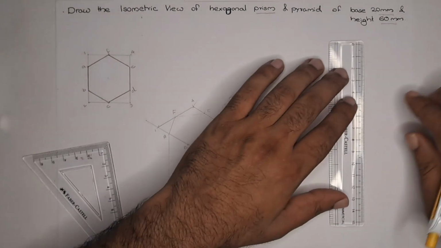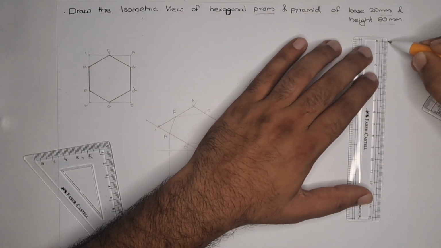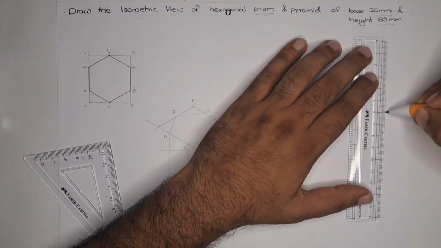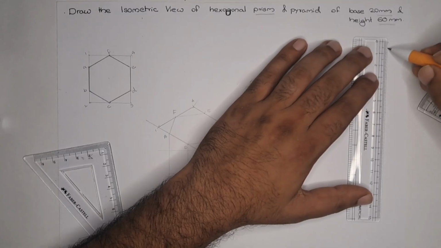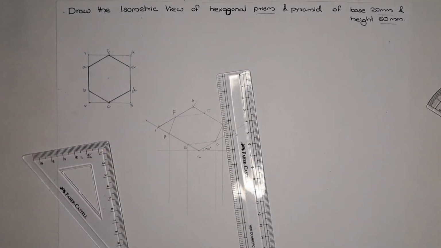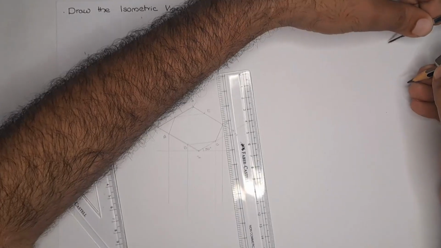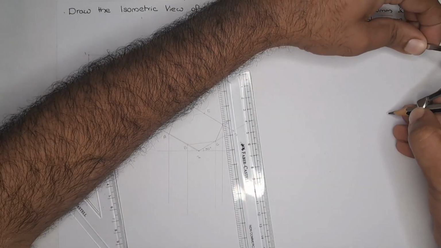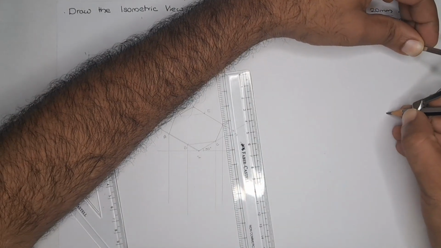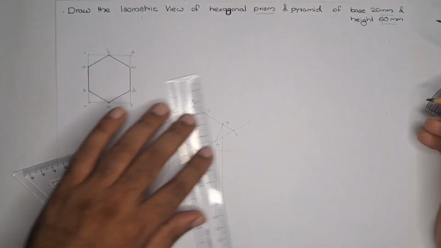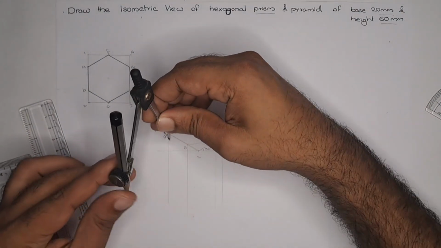Then mark the 60 mm distance. So I mark 60 mm over here. These 2 points mark 60 mm. I take the compass, take the 60 mm here, then mark it from each corner.